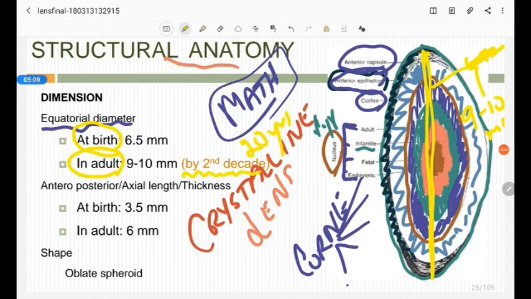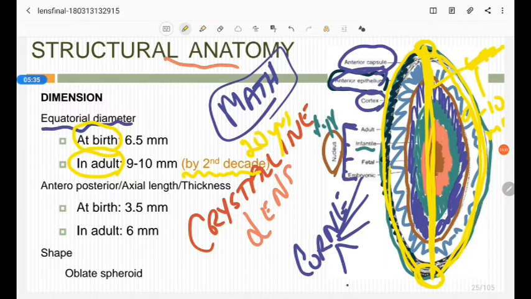Now we have measured the vertical or equatorial diameter. Equatorial diameter is the extent between the two equators, the superior equator and the inferior equator. Equator is the point where the anterior surface meets the posterior surface of the nucleus.